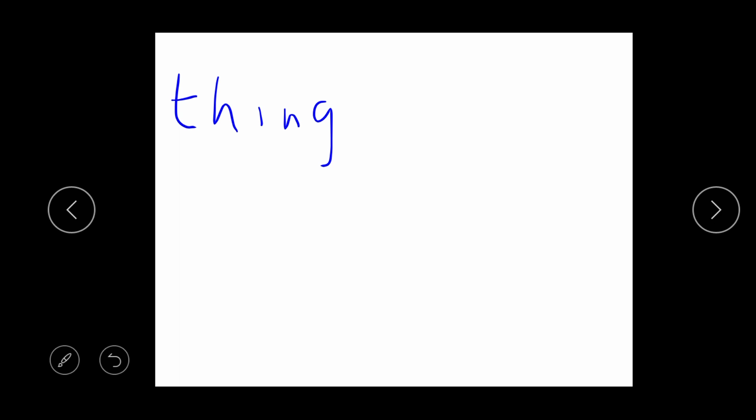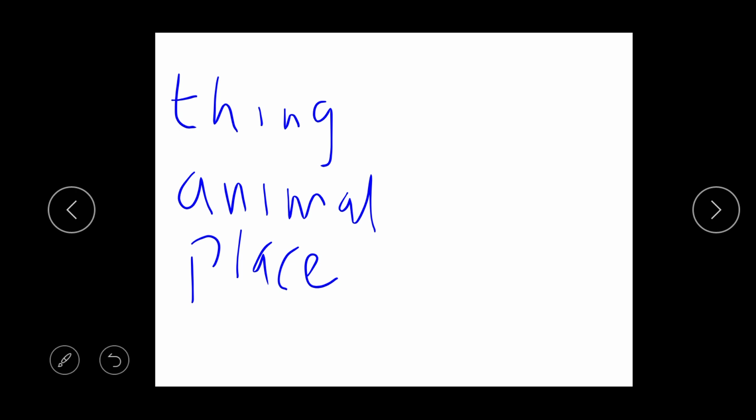Remember, a noun is a name of any person, animal, place, or thing. So when we are talking about singular nouns, then we use has.